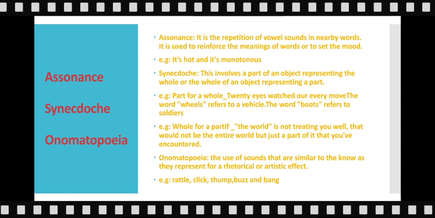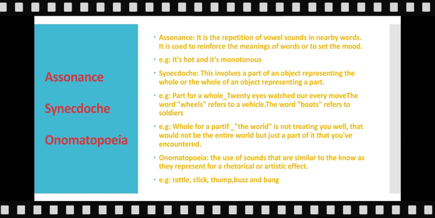Synecdoche. This involves a part of an object representing the whole, or the whole of an object representing a part. Okay, so here the first example is a part for a whole. Twenty eyes watched our every move. So in this sentence, twenty eyes means ten persons.